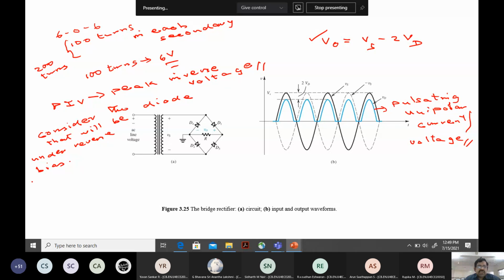So let us take the positive half cycle. D3, for example, will be under reverse bias in the positive half cycle.